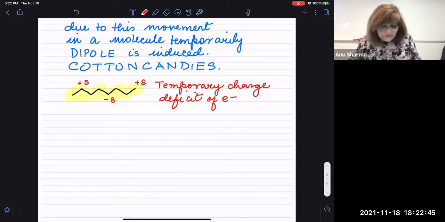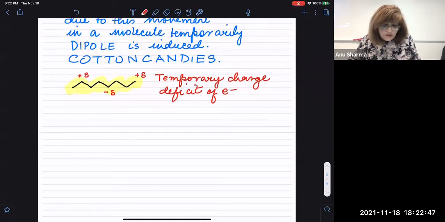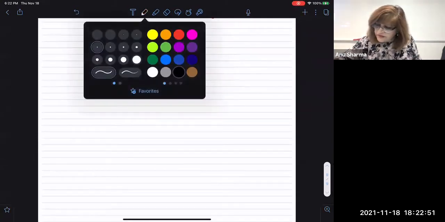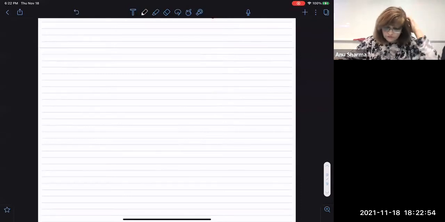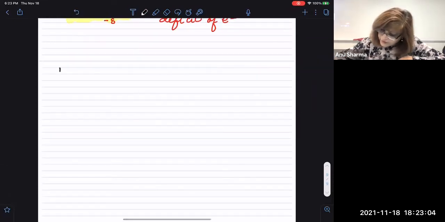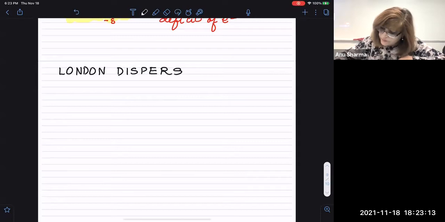Now let's look at the noble gases. Look at the noble gases example that relates to the London dispersion forces also. Another example of London dispersion forces.